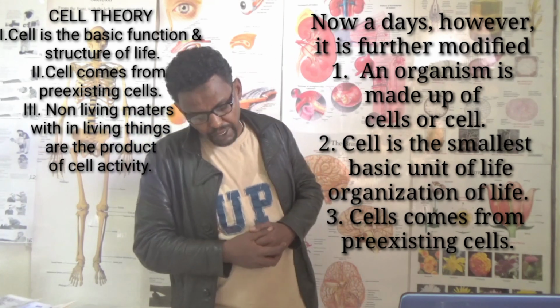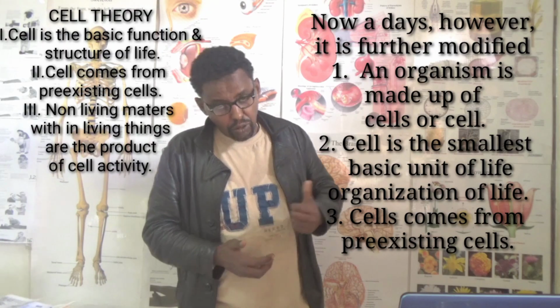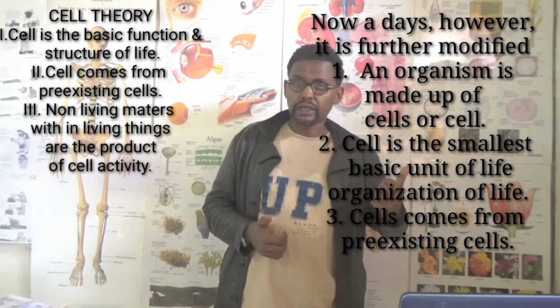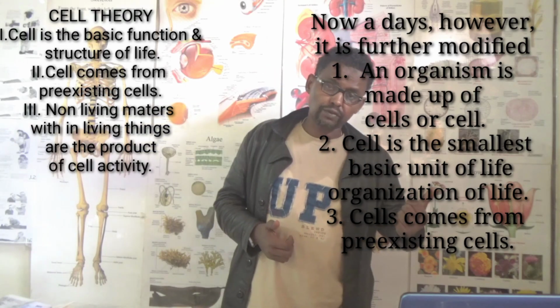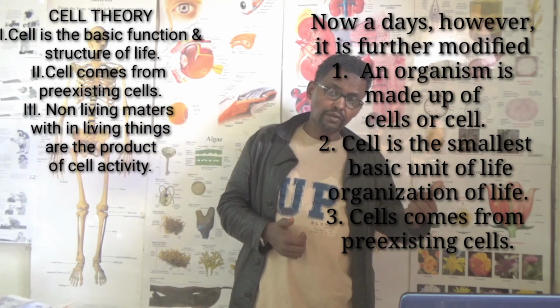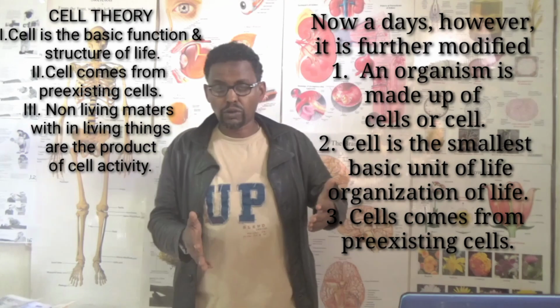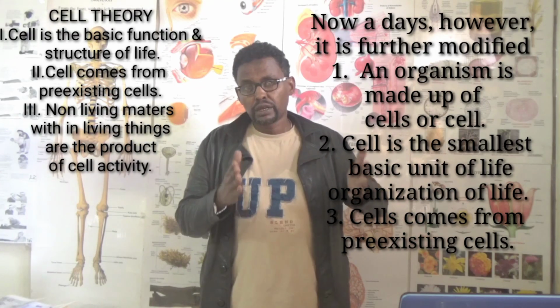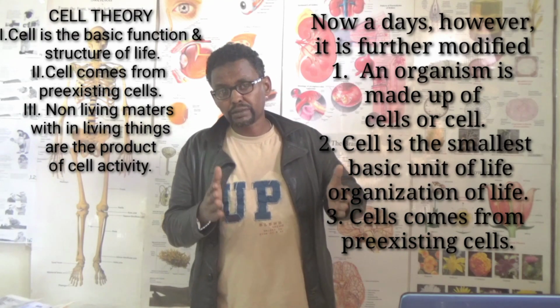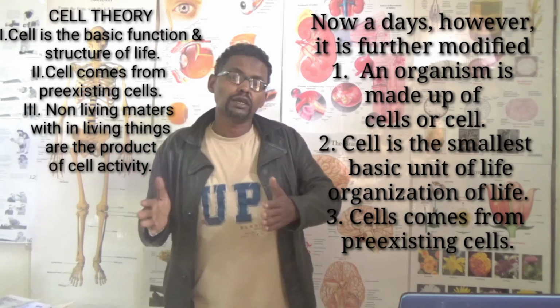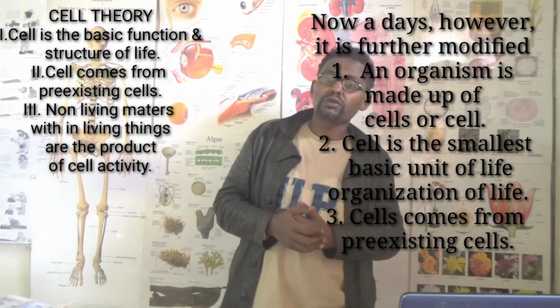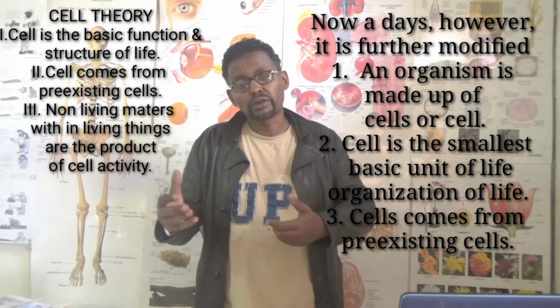So again, I'll repeat what the cell theories are. The older cell theory says that cells come from pre-existing cells. Cell is the unit of structure and function of an organism or life. And the third one, a different and rejected one, was that non-living matter exists within living things due to cellular activity, a programmed cellular activity.